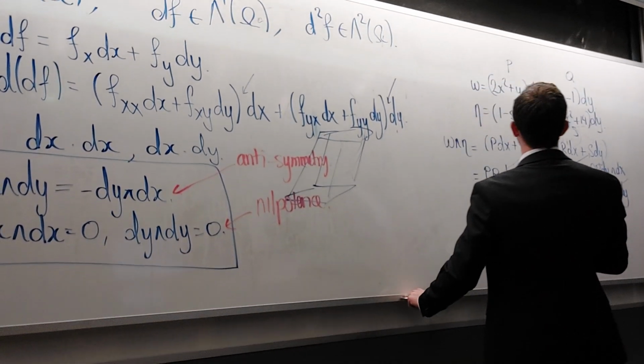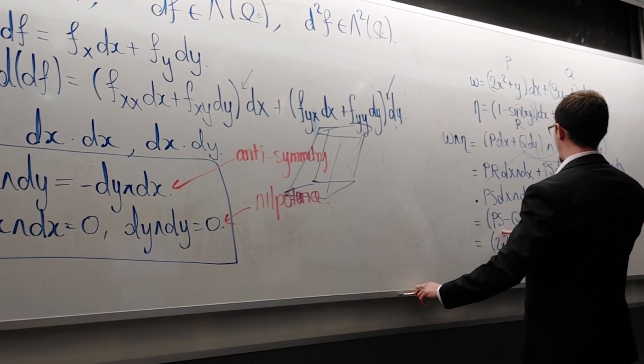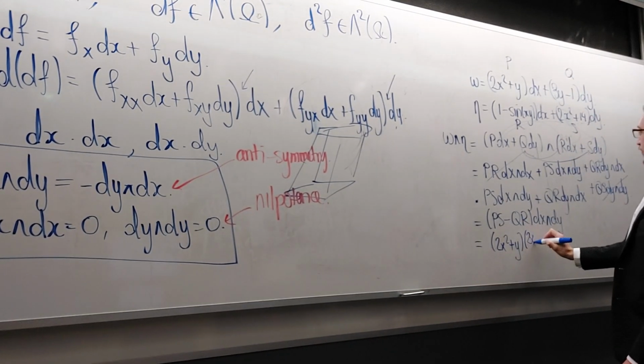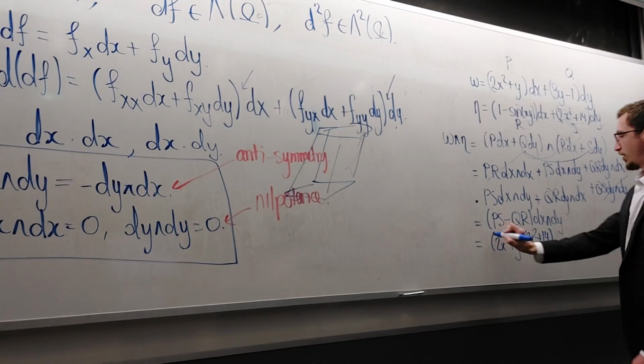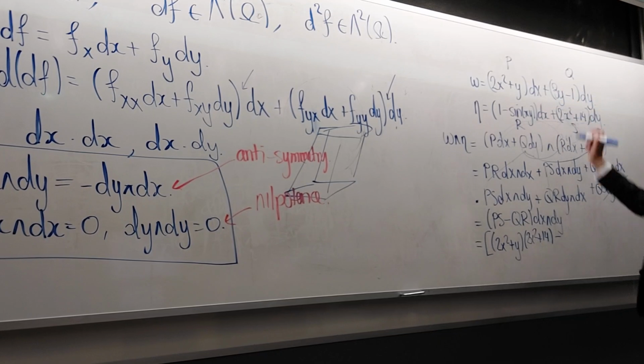This is unfortunate. So 2x squared plus y, then S is 2x squared plus 14, minus Q, 3y minus 1, R, 1 minus sine xy. Is that the answer? dx wedge dy.